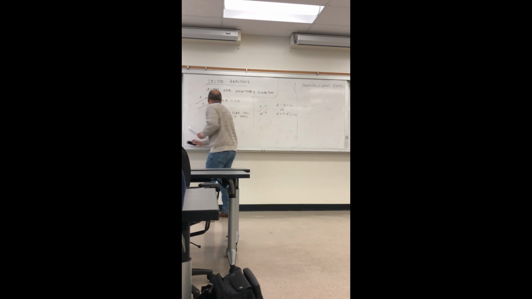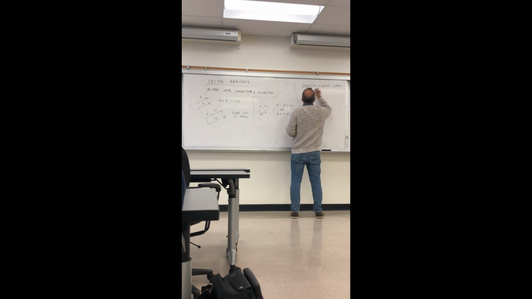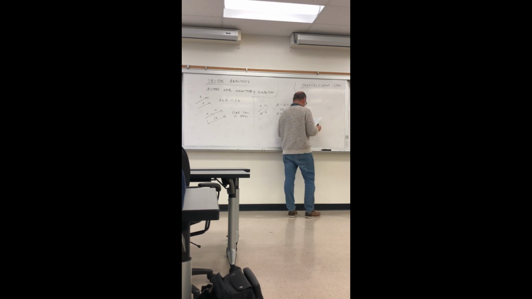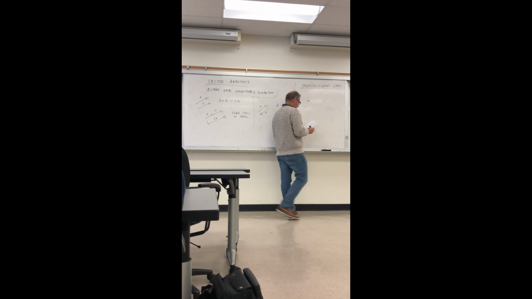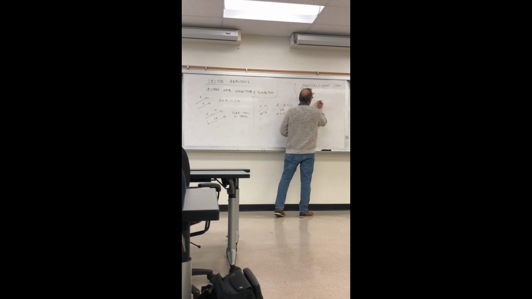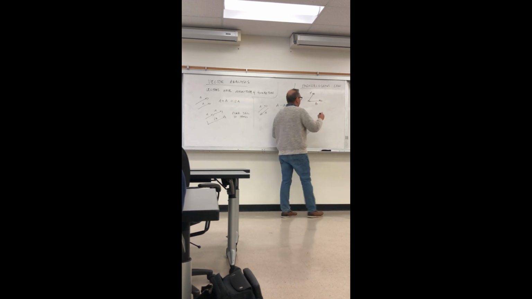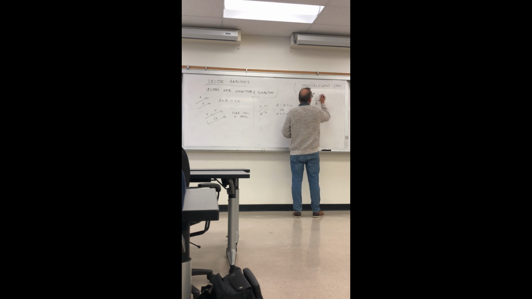Let's say the parallelogram law. Here I have a vector A, with a given magnitude and direction, pulling on a point. And then I have some other vector here, B. You have a resultant if you go like this, like a parallelogram.